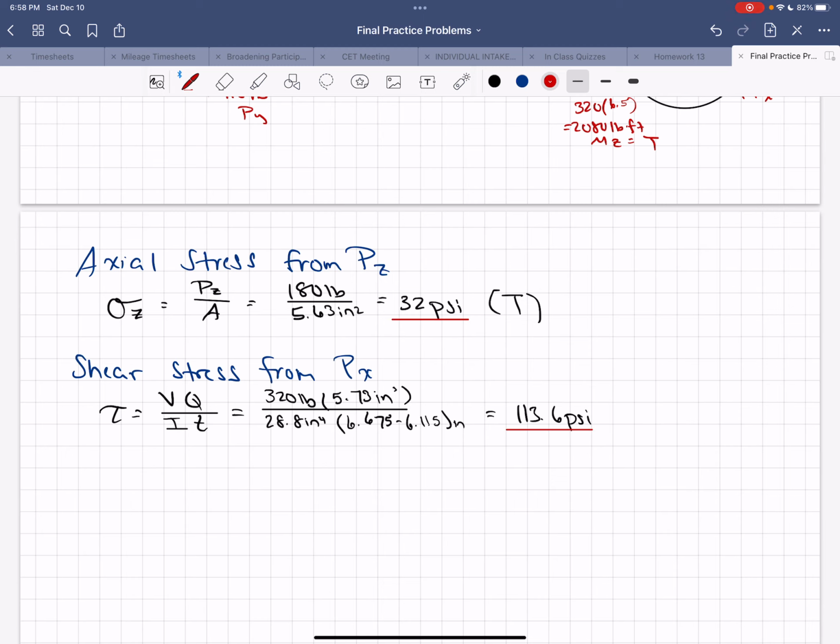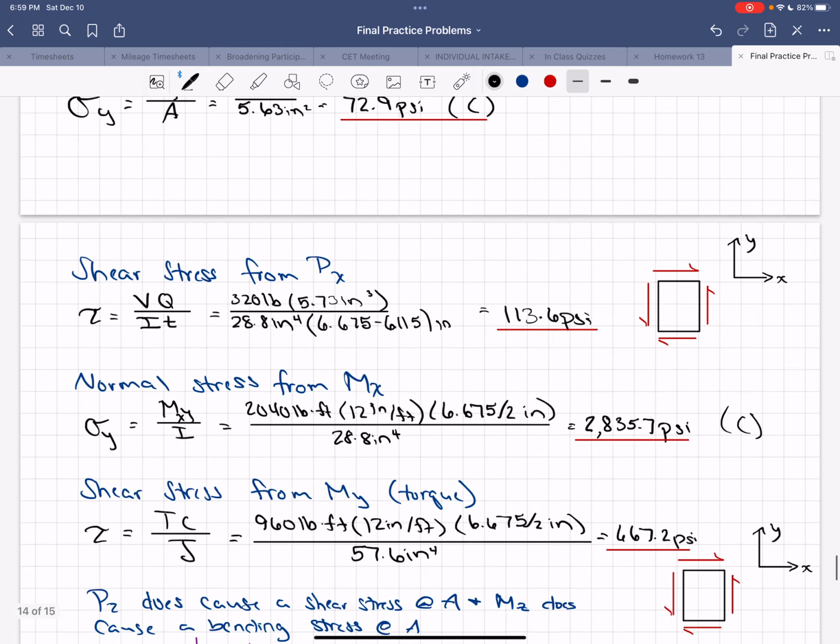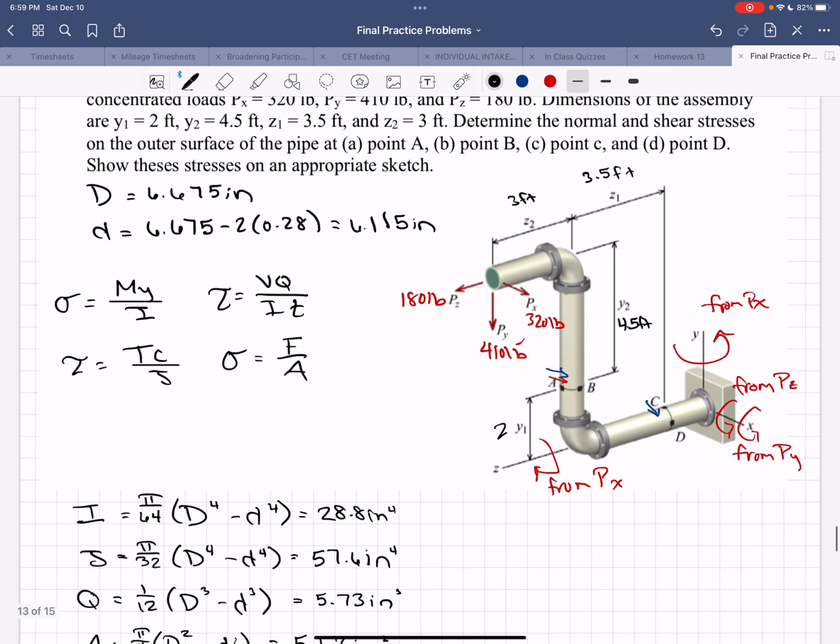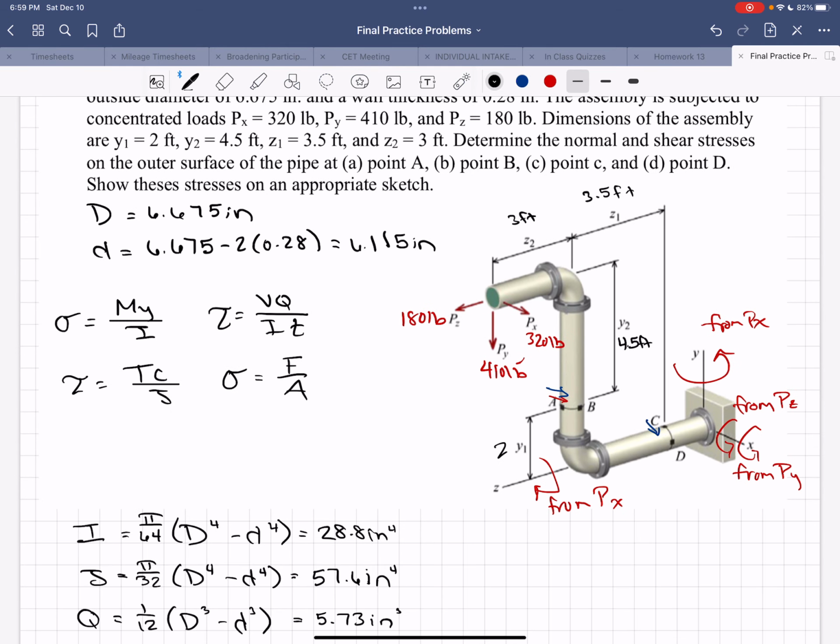Now we need to know what orientation that is in. We draw our stress block. Doesn't mean anything without the coordinate system, which in this case is X and Z. So we're looking down on the top of this pipe.